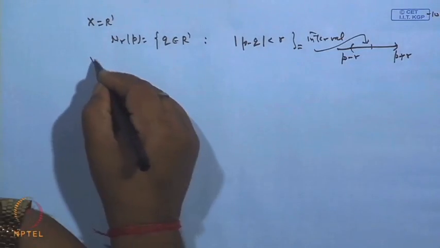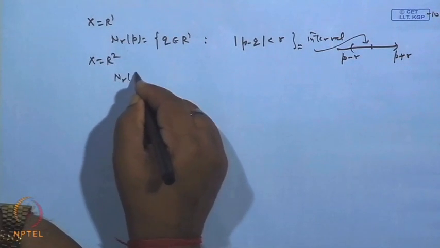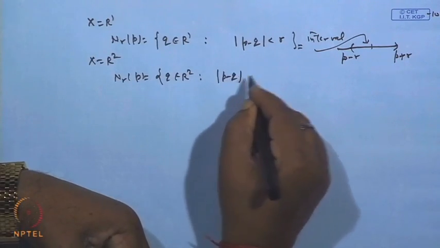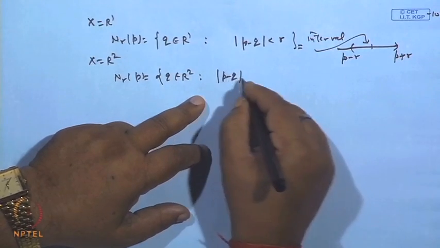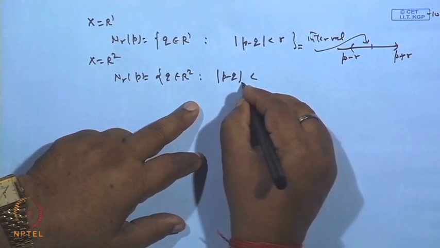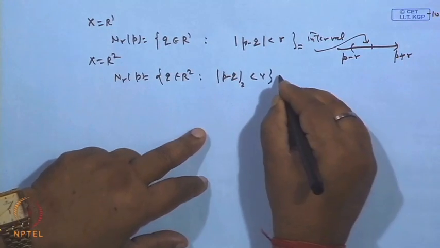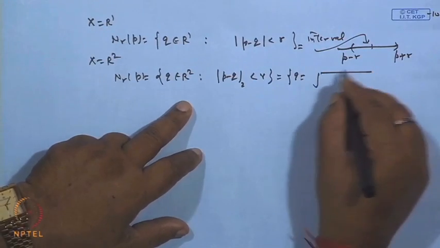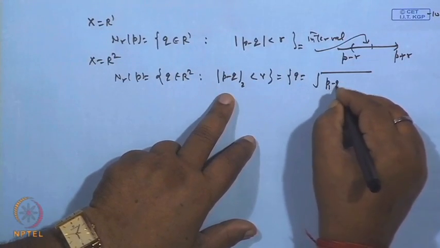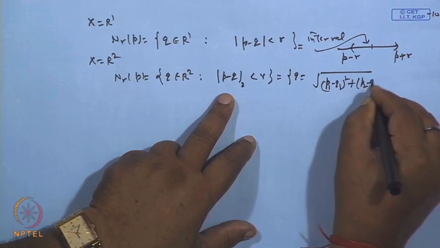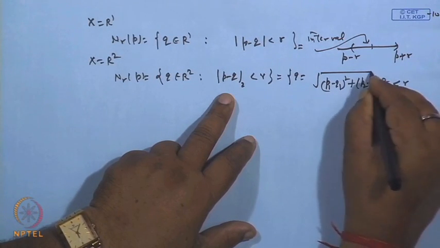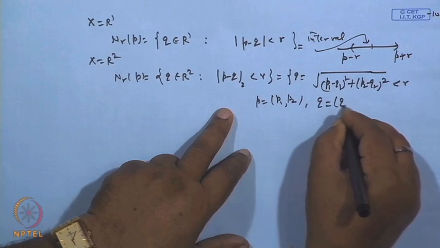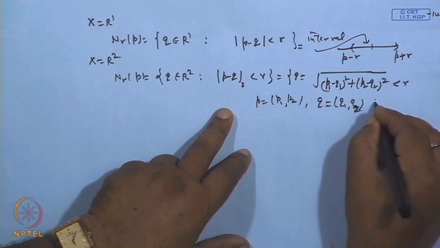When X is R2, then N_R(P) is the set of Q belonging to R2 such that the distance d2 of P and Q is less than R. That is, the set of all Q such that the square root of P1 minus Q1 whole square plus P2 minus Q2 whole square is less than R, where P is (P1, P2) and Q is (Q1, Q2), both belonging to R2.